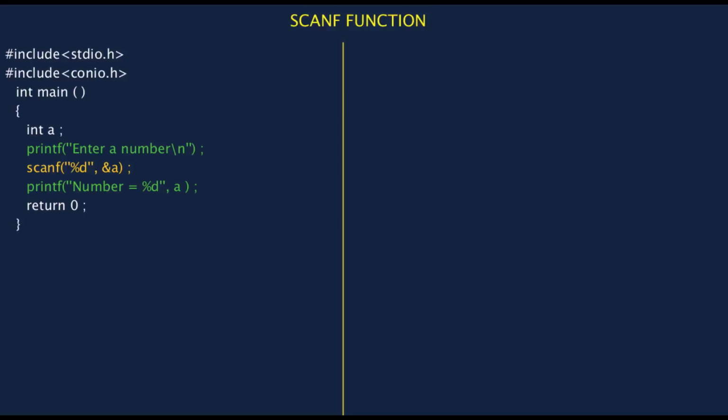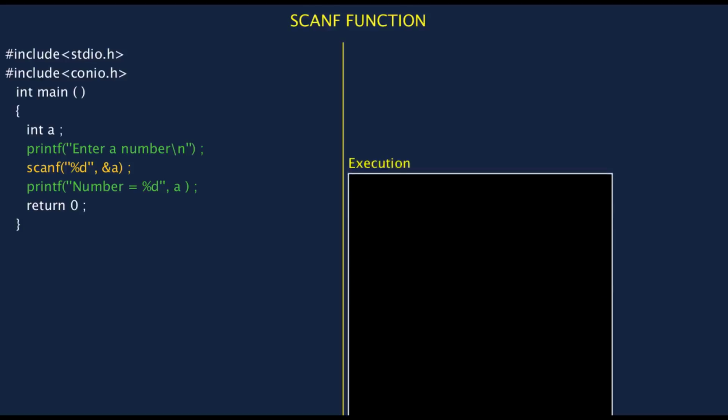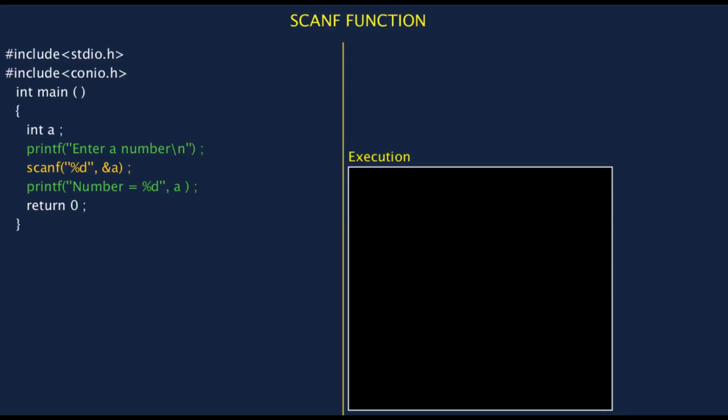Now using the printf function we print that number using number equals %d, comma a. Now let's see the execution of this program. This will first print the message enter a number, then let's say we enter a number, let's say 450.